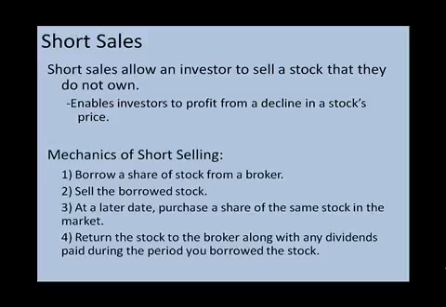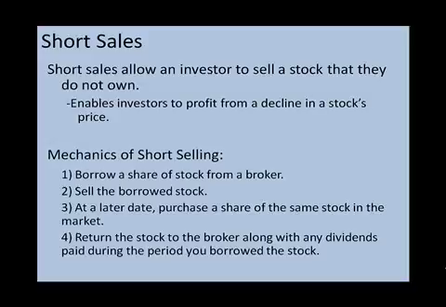And then you have to return that stock to the broker, along with any dividends that were paid during the period that you borrowed the stock. So if the price goes down after you sold the borrowed stock, you're going to make a profit when you buy the stock back at a lower price. So that is the idea of short selling. We're going to look at this in more detail later on in the lecture.